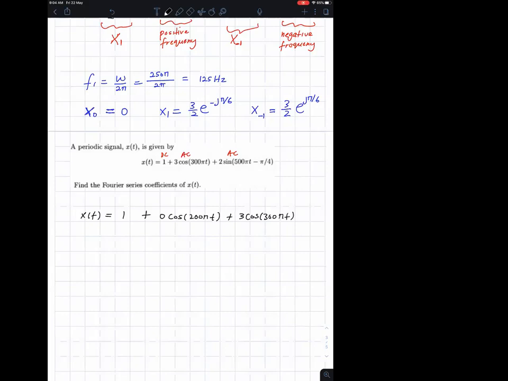But then you are missing the component at 400 pi. Maybe this is not really exam material, but I'm just trying to give you an idea what these things mean. So you have no component at 400 pi, but you have a component at 500 pi: 2 sine(500 pi t minus pi over 4).